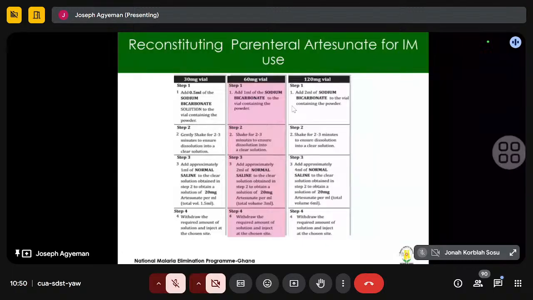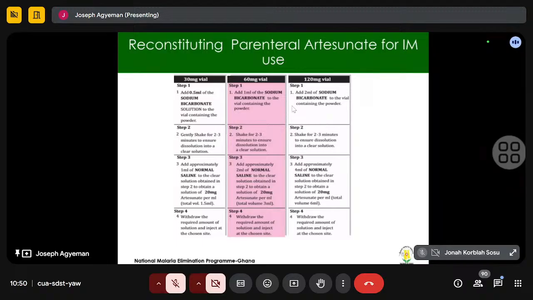Or if you want to go per IV, how much normal saline should we add to the current 0.5 mils containing 30 milligrams, so that when we pick each mil, it will contain 10 milligrams per mil? So 10 milligrams per mil for IV, 20 milligrams per mil for IM.